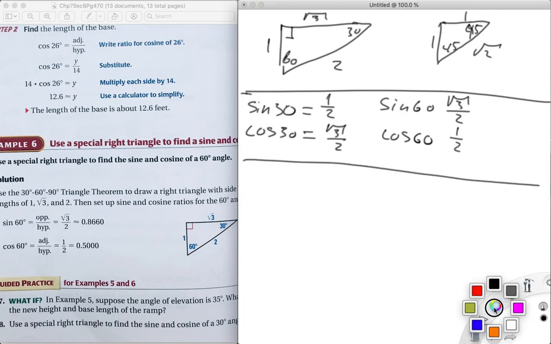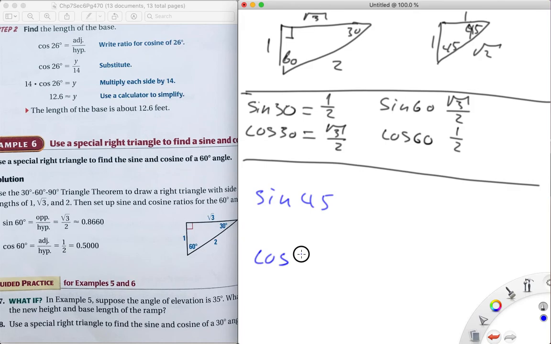Then if we do 45, 45, 90, and we did sine of 45 and cosine of 45, we would have 1 over the square root of 2. Well, we don't like the square root of 2 in the denominator, so we multiply by root 2 over root 2, which gives me square root of 2 over 2.